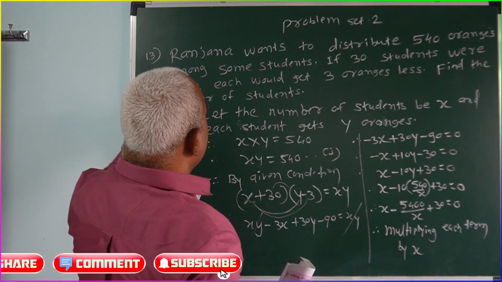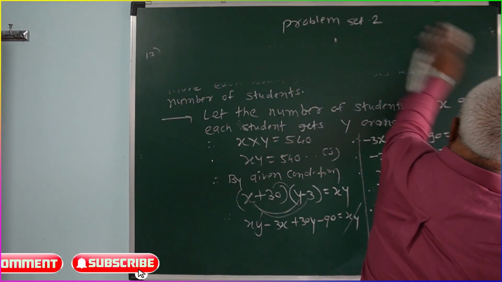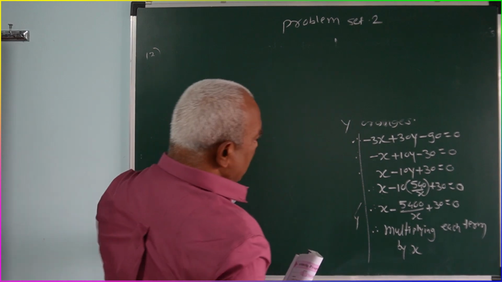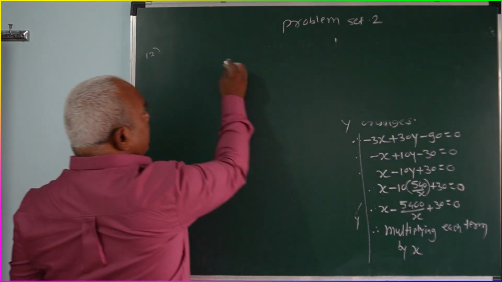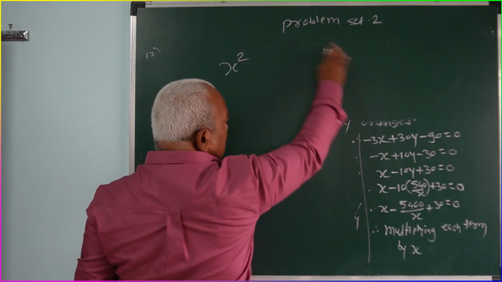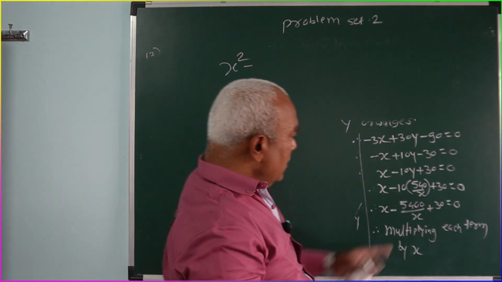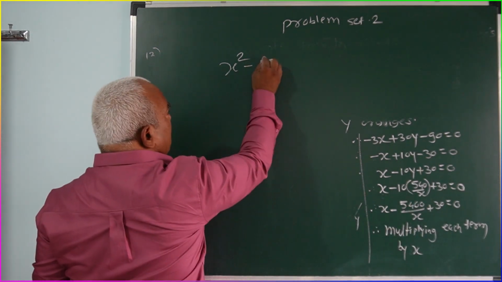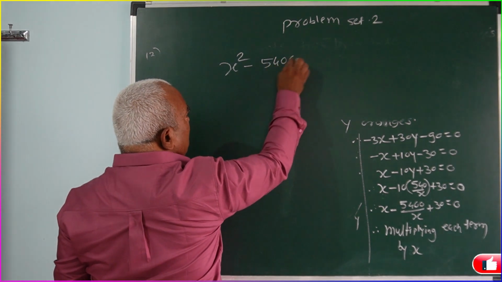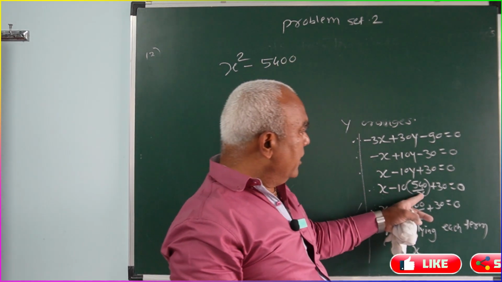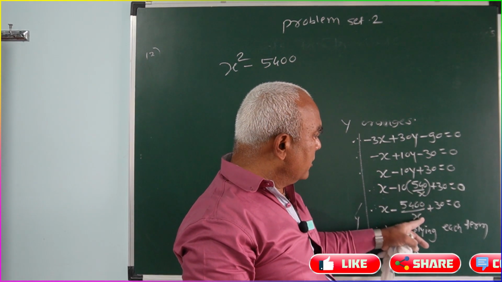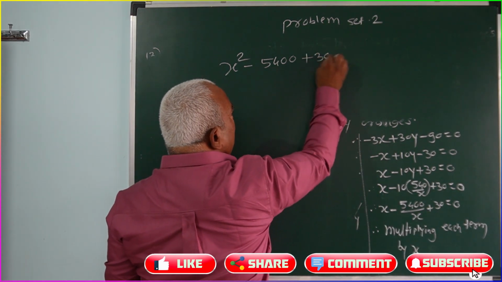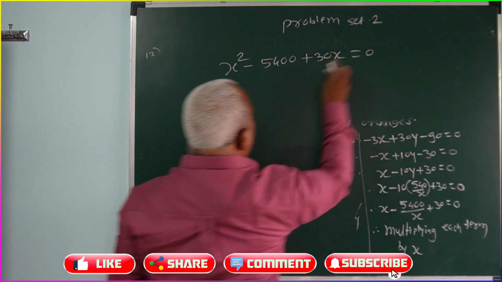The answer is x square minus 5400, and here multiplying by x gives 30x, is equal to 0.